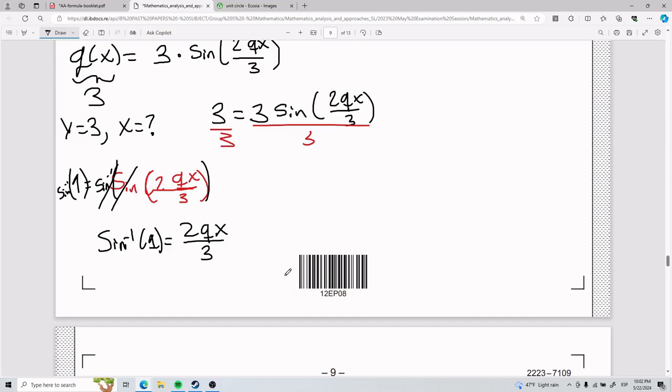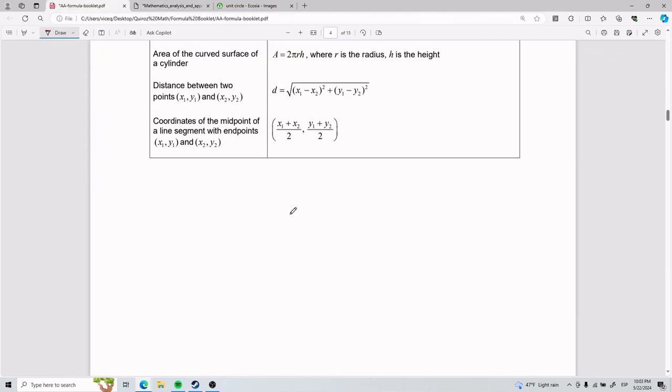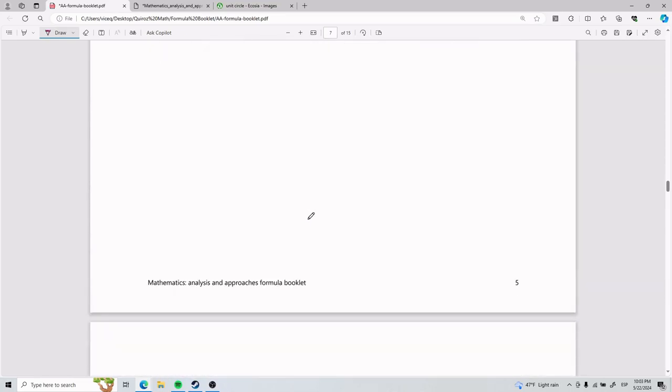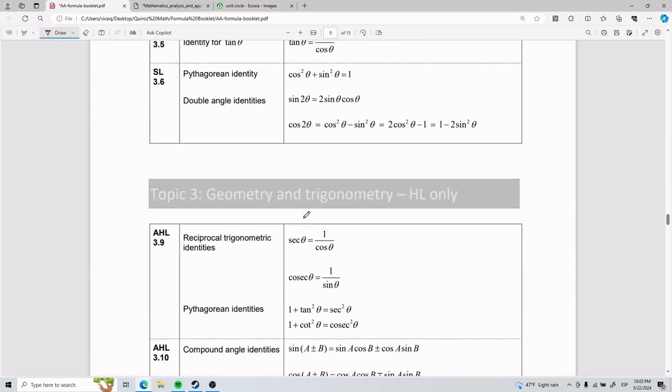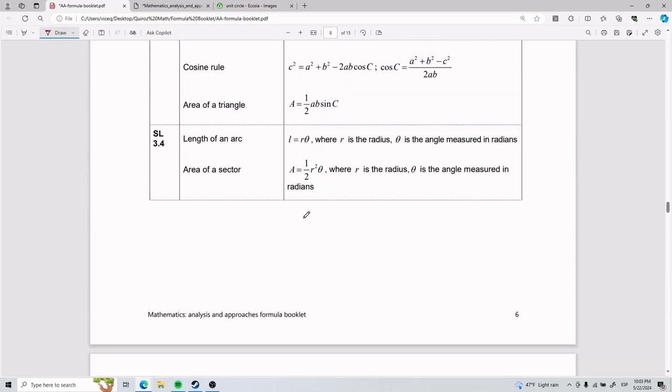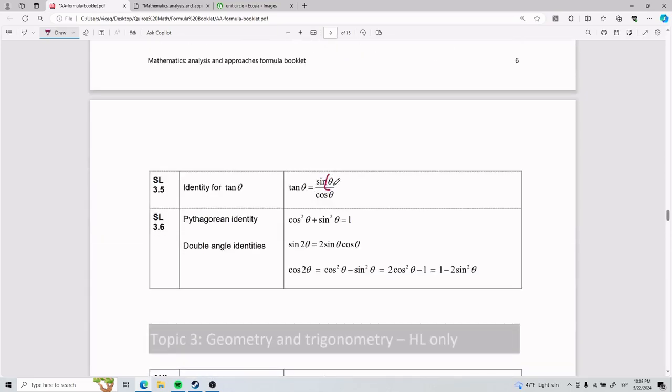All right, and here's something I need to mention, more from a conceptual standpoint. Whenever you do sine inverse of something, you get rid of sine and end up with only what's in the parentheses. But there's something very, very important I need to point out. This actually does show up a little bit from the booklet. Whenever you use sine, it's always like sine theta, right?